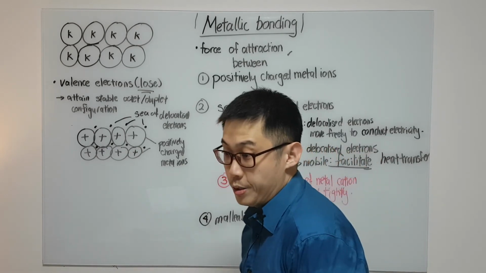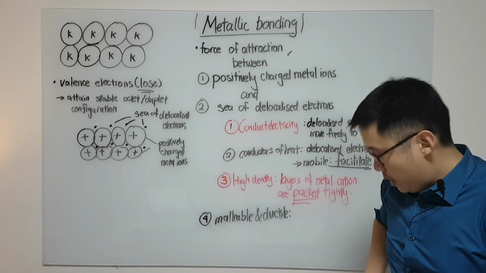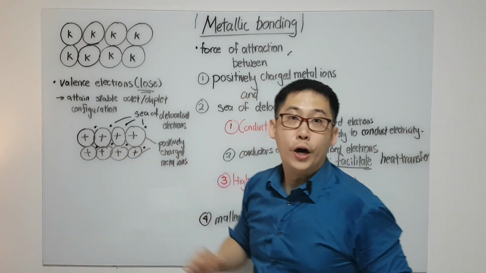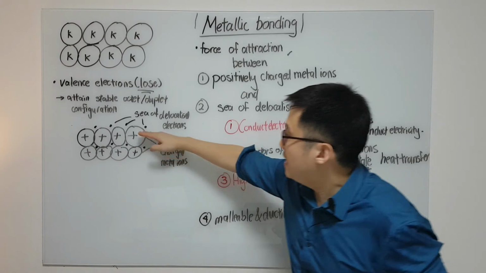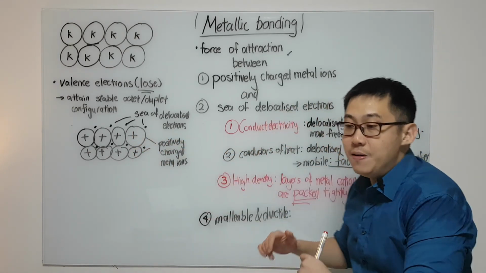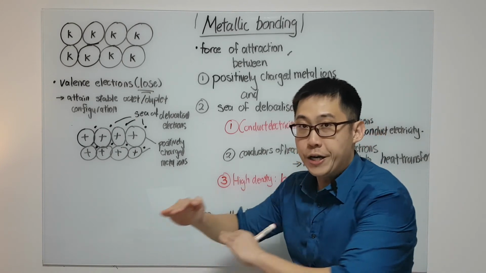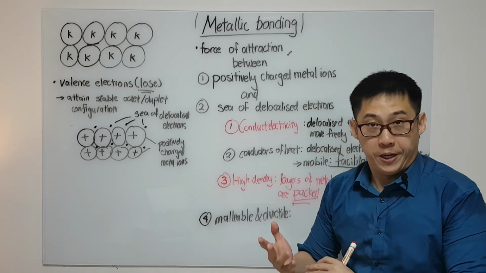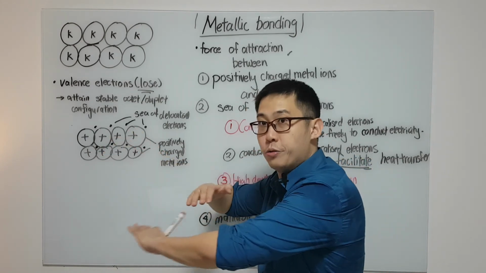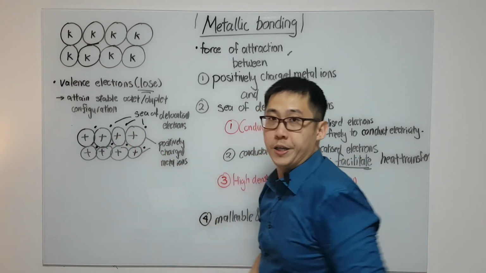And why is this so? The keyword here is because when I apply a force on metal, these layers of metal ions are able to slide over each other without breaking. The sea of delocalized electrons will keep them attracted to each other and they won't break.